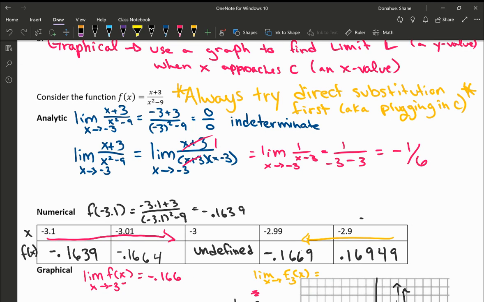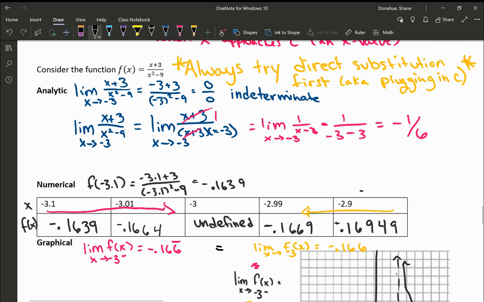Well, I should say it approaches -0.166 repeating, because you'll notice we had 0.16 for the first one, 0.166 for the next one. So it's the same pattern on the left here. Since those are equal, we say our limit overall for f of x as x approaches -3 is equal to -0.166 repeating or -1/6.